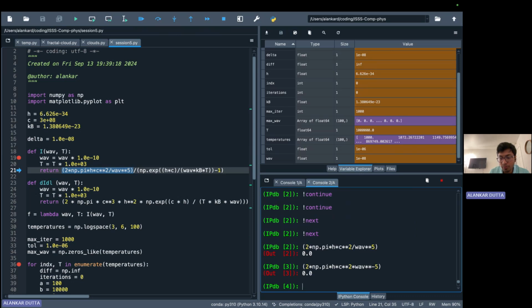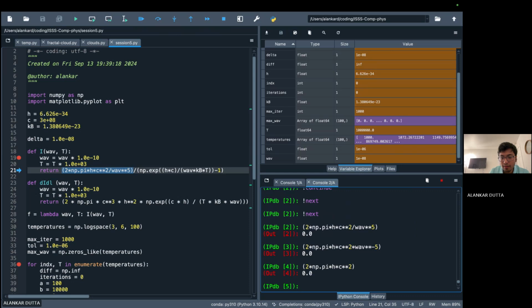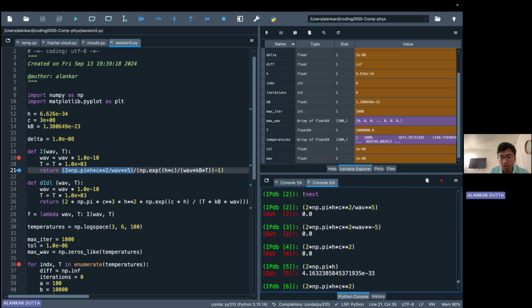Still 0. Two pi h c squared. Why is it 0?